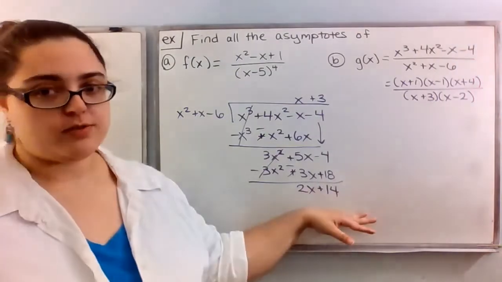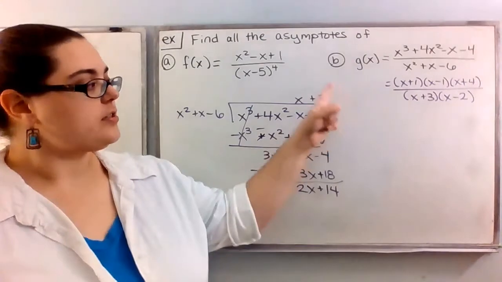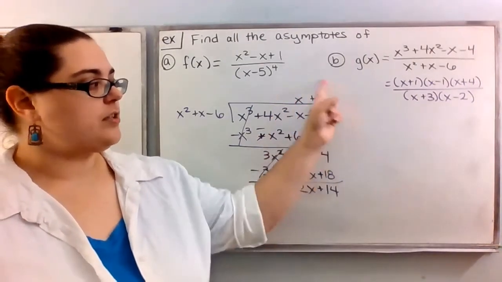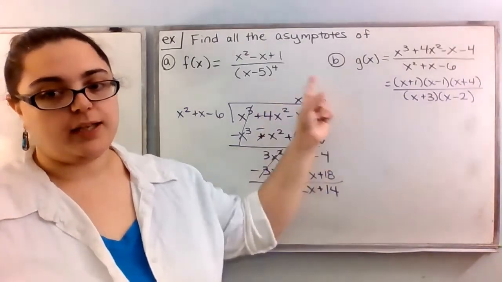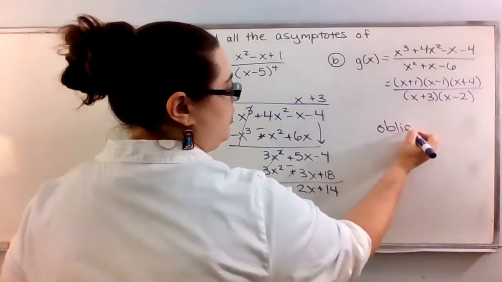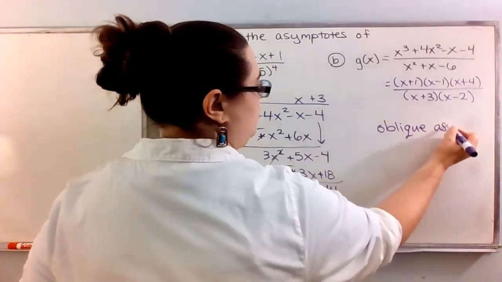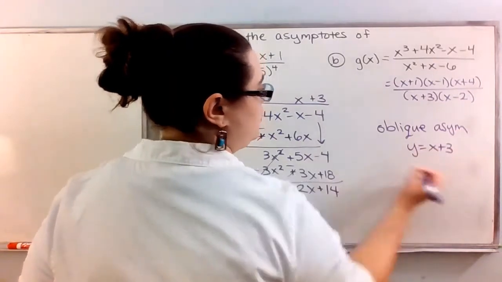So we don't care what this remainder is. All we're going to look at is the quotient. So because this is not a horizontal line, because it has a slope of 1, this is going to be our oblique asymptote. So we have an oblique asymptote of y equals x plus 3.